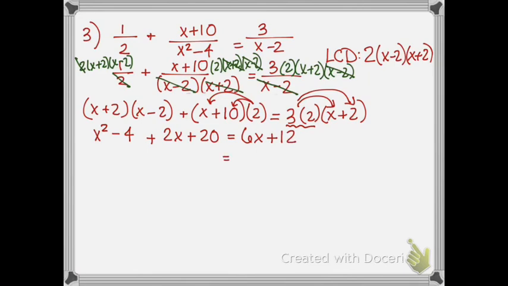Move everything to the right to get it in standard form. Let's combine these x's. So it looks like we're going to get minus 4x. Okay, let's combine the constants now. So we have a -4 and a 20. That's 16. And then let's subtract that 12 over. So it's 16 minus 12 is 4. Beautiful.